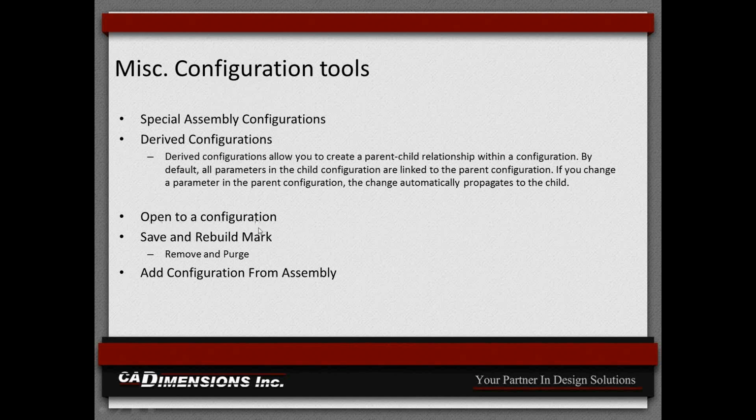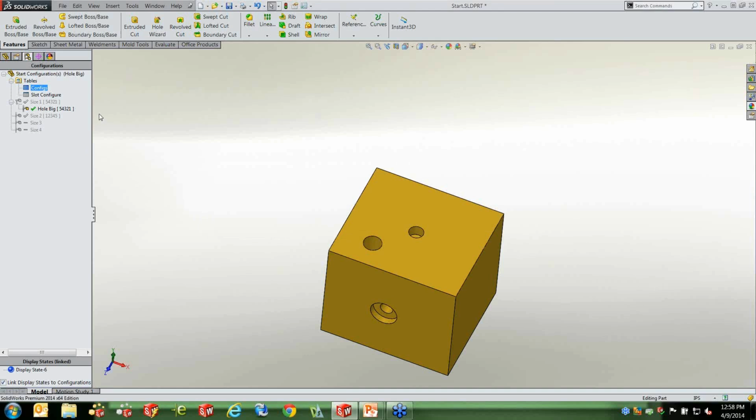I've showed you the open to configuration. Two last things, and we're running out of time here. Save and rebuild mark. When SolidWorks goes to close the file, it unloads all the information, right? So next time you open this part up, you've got to switch configuration.